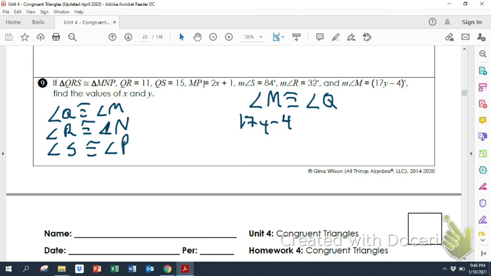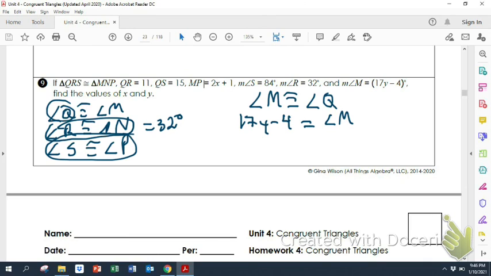Now, angle M is angle Q. Well, they didn't give us an angle Q. They told us that angle S was 84 degrees, which means that that's congruent to angle P, which means that this is equal to 84. And these two equal 32 degrees, and these two equal 84 degrees each.